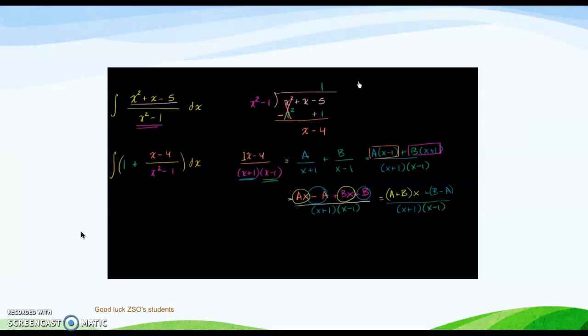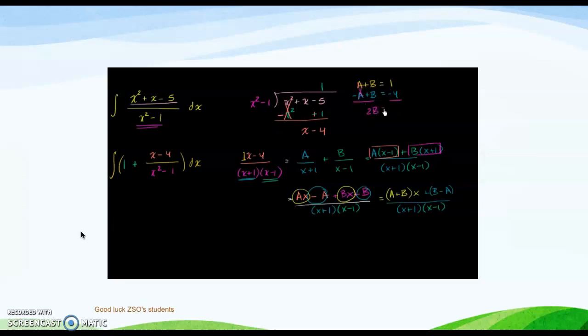So I'll do it up here since I have real estate. A plus B is going to be equal to 1, and B minus A, or I can write that as negative A plus B, is equal to negative 4. We could add the left-hand sides and add the right-hand sides, and then the A's would disappear.